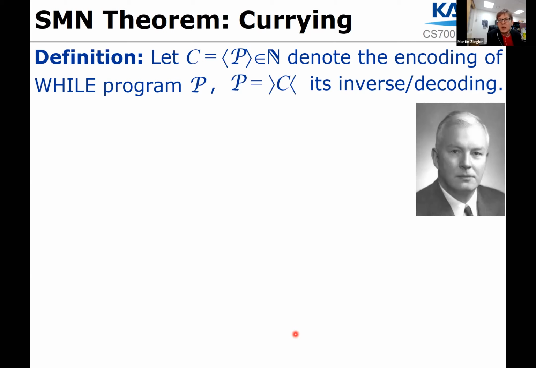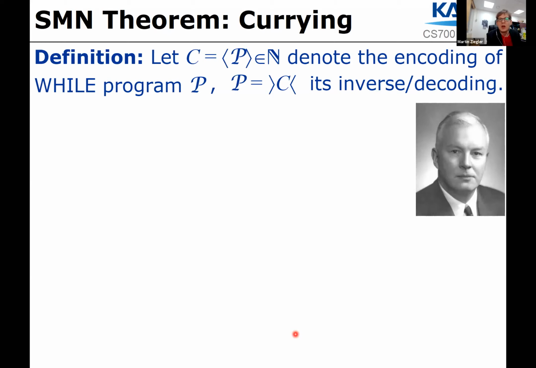So in a sense, we're now talking about operations on programs, whereas the previous part of the slide was concerned with programs operating on natural numbers. But talking about operating on programs basically also amounts to operating on natural numbers, because every program, as you recall, is considered encoded as some possibly very large natural number.